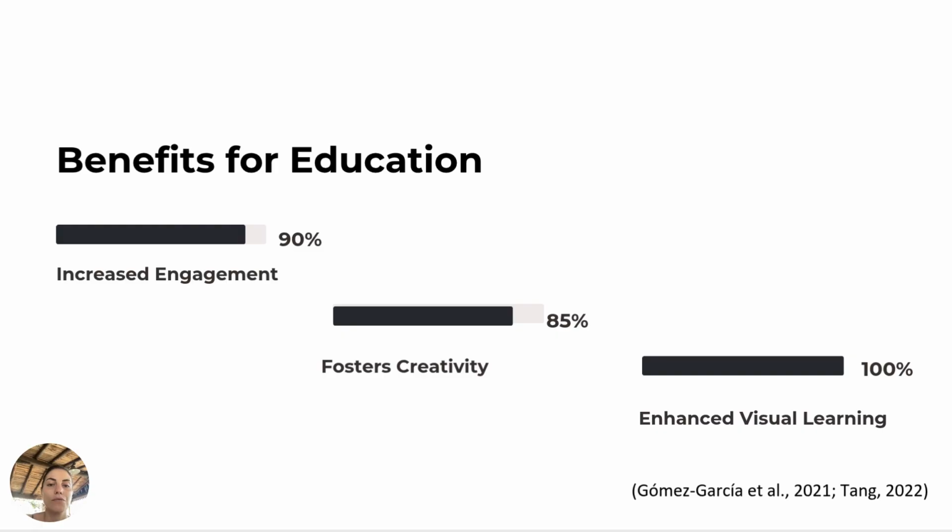The effectiveness of Aero in education is research based. Research such as the one conducted by Gomez Garcia emphasizes the effects of AR in enhancing engagement and inspiration. It is an ideal tool when it comes to project based learning and allows students to become creators.